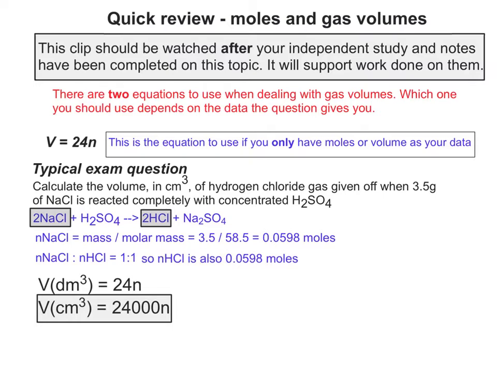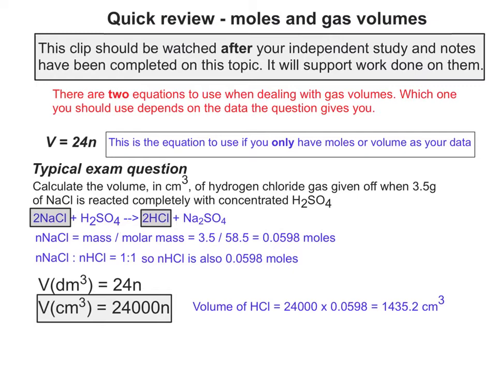Therefore we can deduce that the number of moles of hydrogen chloride is also 0.0598. Multiplying 24,000 by 0.0598 gives me 1435.2 centimetres cubed as my final volume for hydrogen chloride gas.